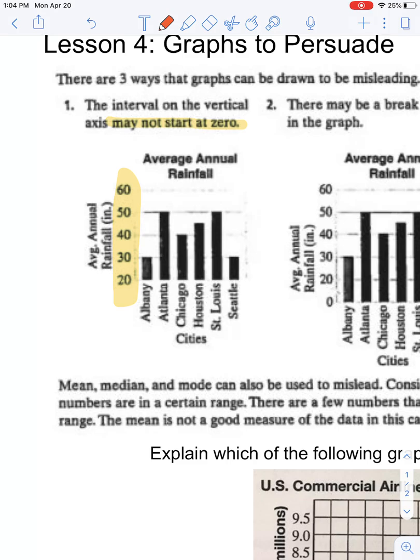And it looks like they don't have very much rainfall at all, when in fact they do, because this does not start at 0. You can quickly see that those bars go up to 30 inches of annual average rainfall, which is quite a bit of rainfall in a year.